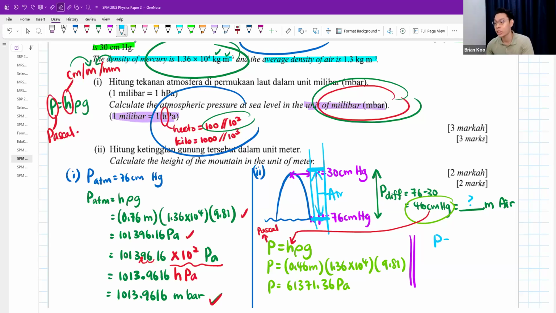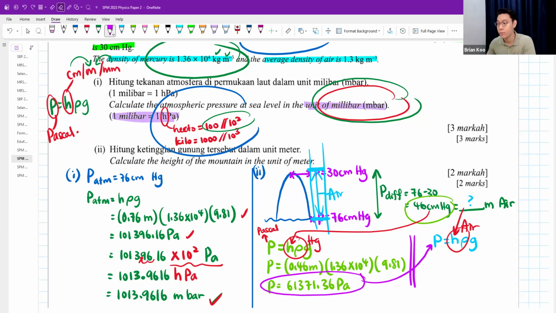Then remember, I'm going to use the formula one more time, but now I want to change to how many meters of air. Just now all these values were for mercury. Now all these values are for air. Now I want to find the height of air. The value in Pascal is 61371.36.